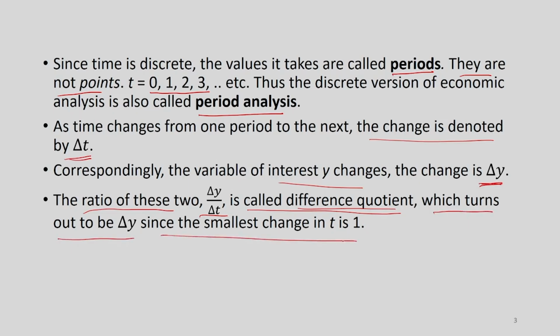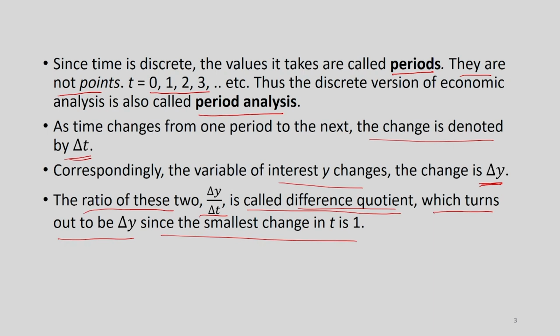Okay. So, delta t, by that we mean the smallest possible change in time, and we know time is discrete, and so the minimum possible change that can take place in time is 1, right. So, delta t is equal to 1.